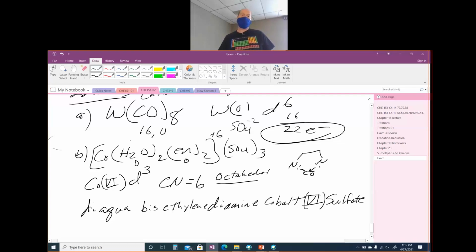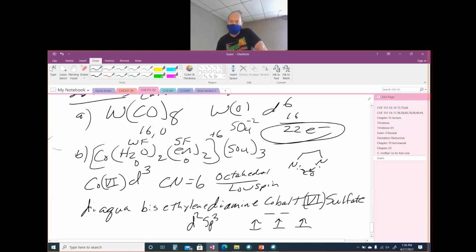And your water is a weak field ligand, your ethylenediamine is a strong field ligand, and so it would be a low spin. And so if we put in our D3 in our octahedral, it would just be here, and you would have the d2sp3 hybridization since the 2 orbitals on top are empty.